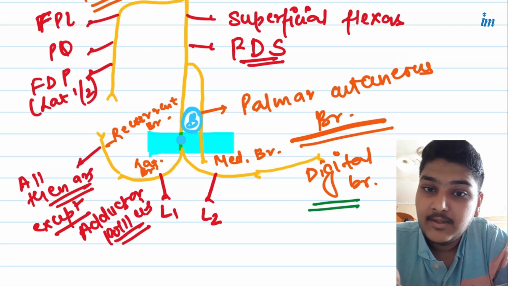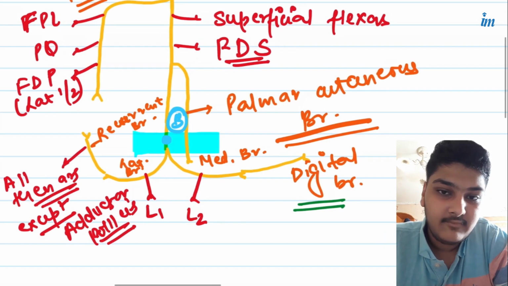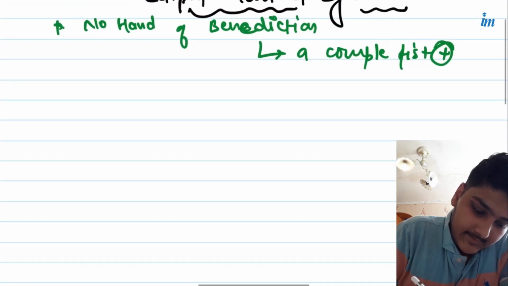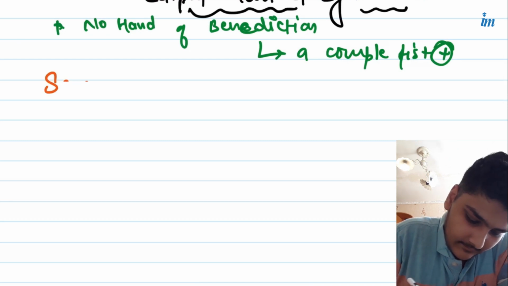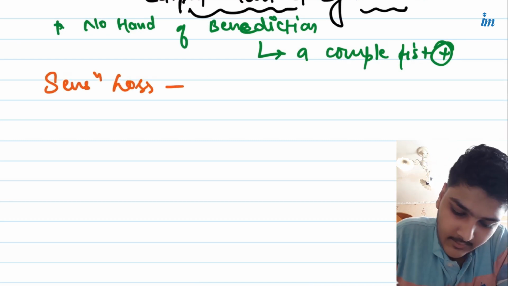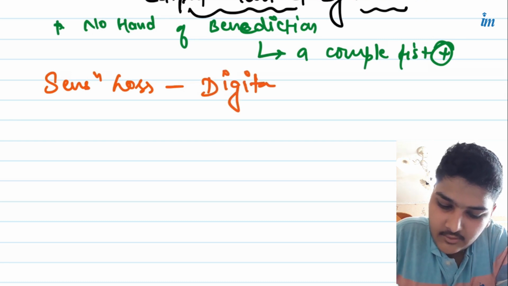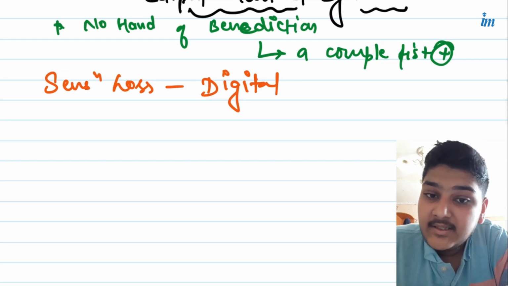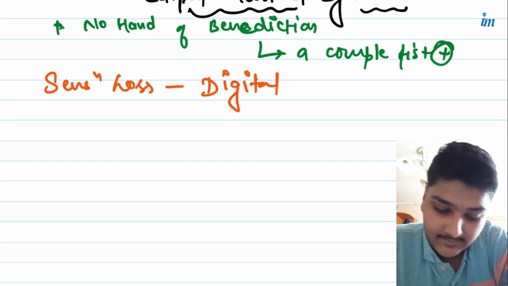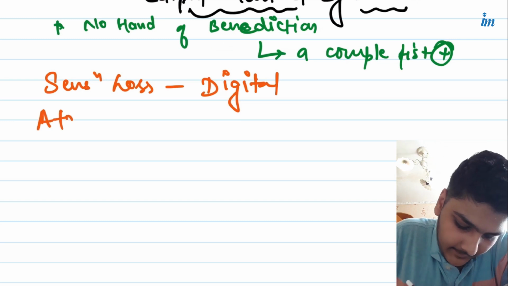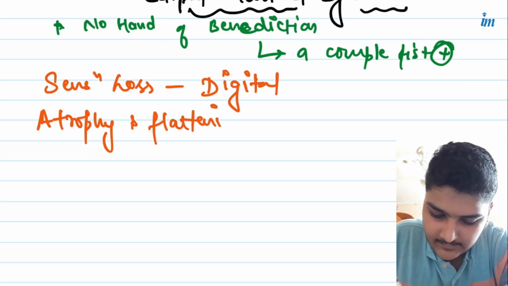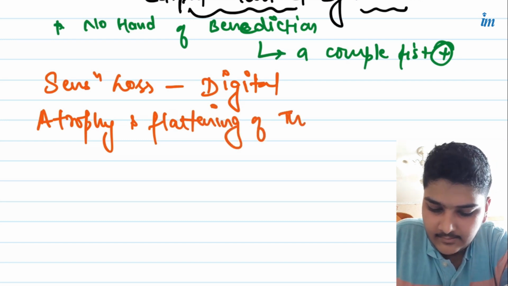The sensation loss will be only on your digits, because the digital branch is gone, but no sensation loss on the palm. And since your median nerve is also supplying the thenar area, there may be atrophy and flattening of thenar muscles.